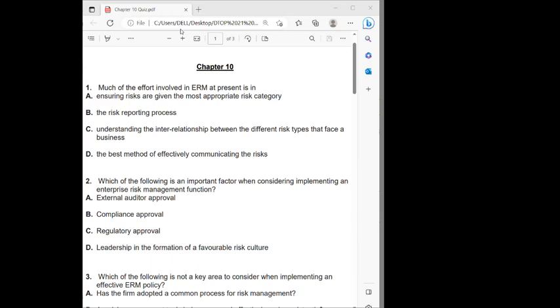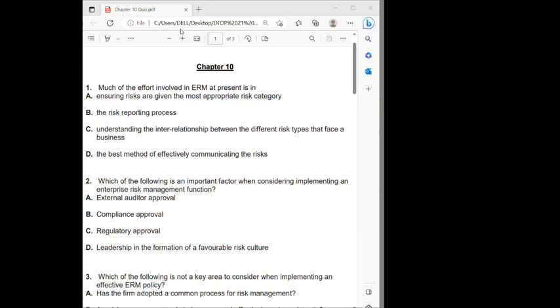The correct answer, therefore, is understanding the interrelationship between the different risk types that face a business. This interrelationship drives the overall risk of the organization. If you just take the risk in isolation, you can see different risk types, credit risk, operational risk, etc. But it's also important to understand the composite impact of all these risk factors.